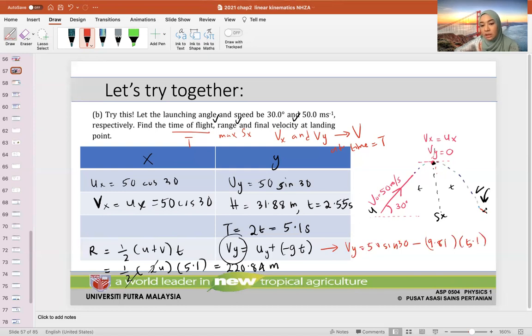Okay, my question is, is my Vy equals to 0 or not? Yes. Kenapa? Kenapa dia 0? Kalau 0 kat atas ni, bawah pun dia 0.